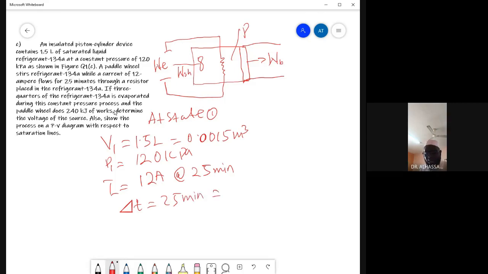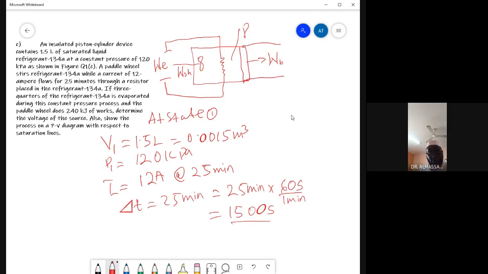And 25 minutes in seconds is 25 minutes times 60 seconds divided by 1 minute, which gives us 1,500 seconds. So that's the time.